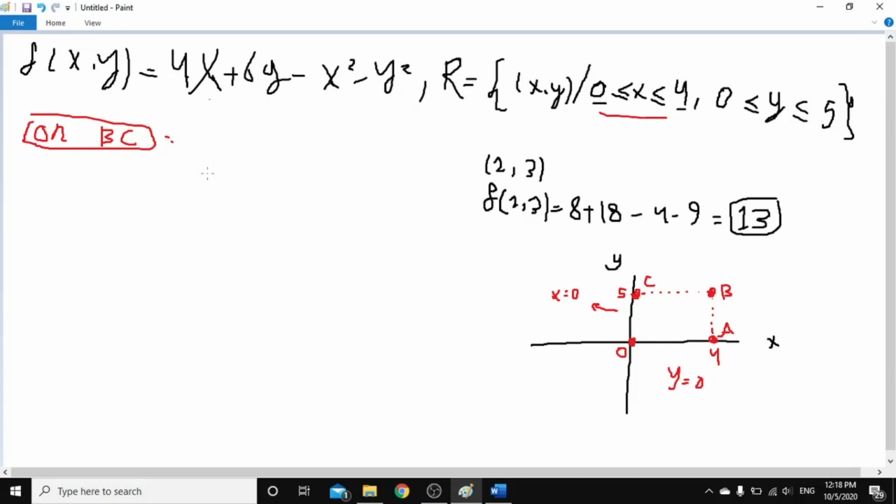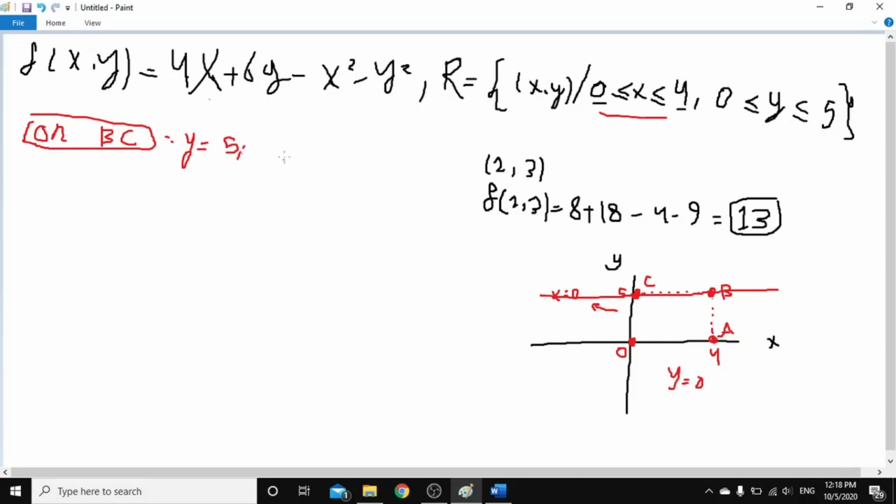So what is happening on BC? Notice that we are on the x-axis here. Okay, so we need to find the point of the y. So what's the point of the y? The y point here is 5. So we need to write y equal to 5.